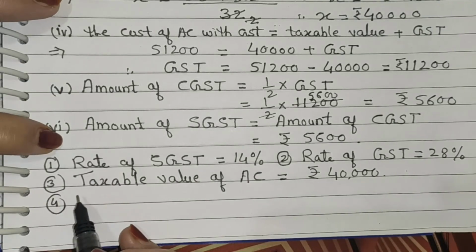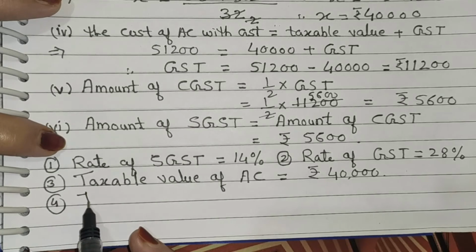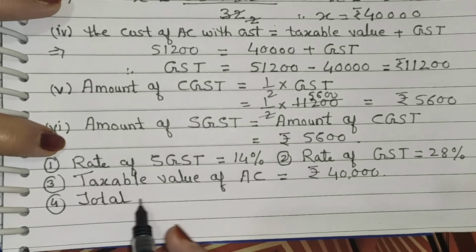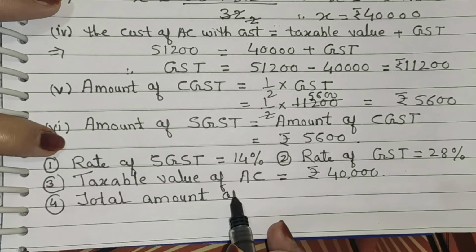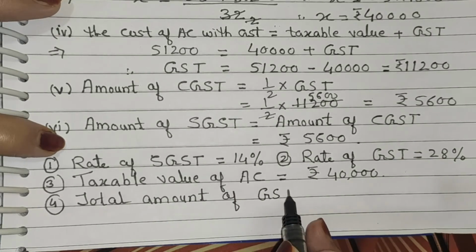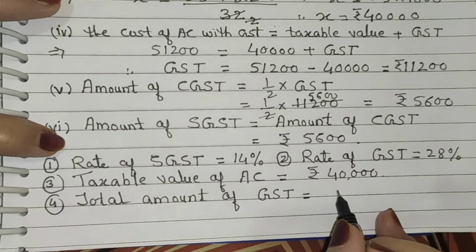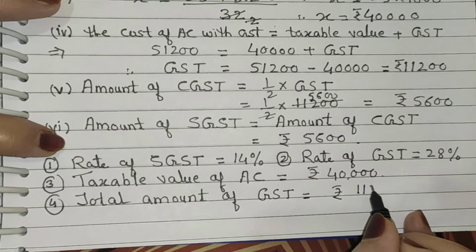Next, total amount of GST, rupees 11,200.